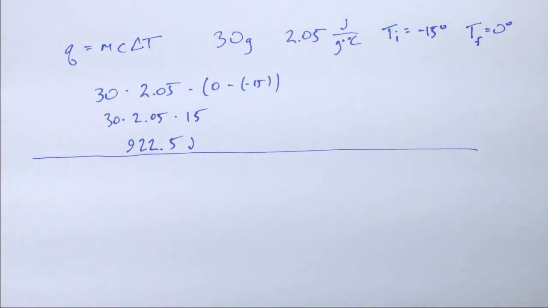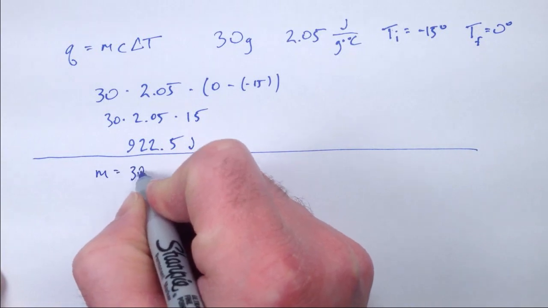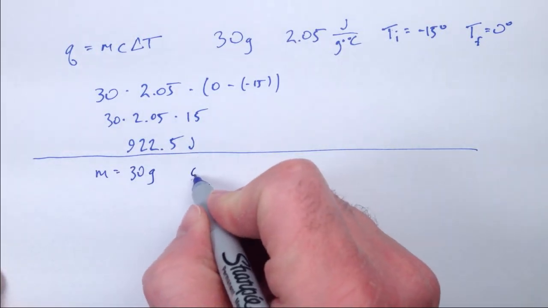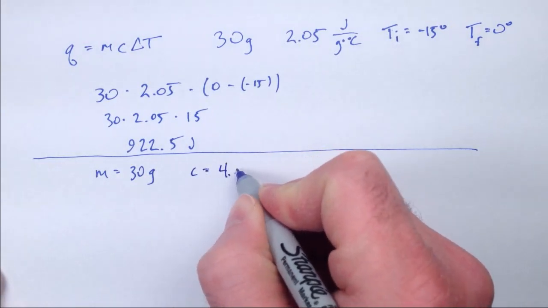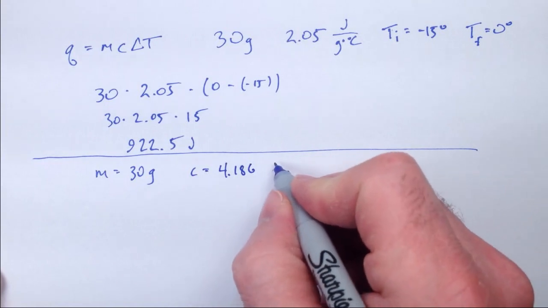Now that we're at water, how much energy is it going to take to get the water from melting all the way up to room temperature? Again, those values are 30 grams of water. Since it's water and not ice, we're dealing with a specific heat of 4.186. If you look on your chart for that.